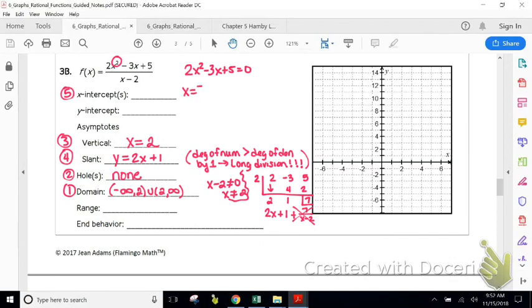So let's fill that in. I think I remember this. All right, so let's work this out. So we get 3 plus or minus the square root of 9 minus 40 all over 4.